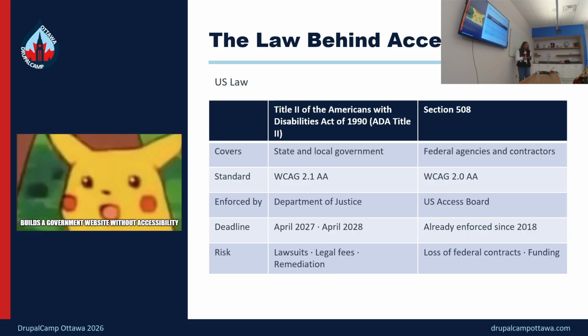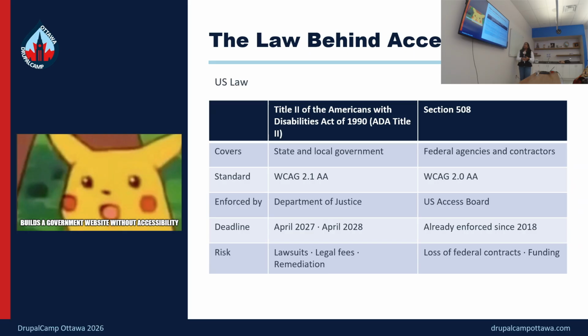The deadline for entities with a population greater than 50,000 is April 2027, and for entities with a population less than 50,000 is April 2028. This has just been updated; previously it was 2026 to 2027. The risk is lawsuits, legal fees, and remediation.